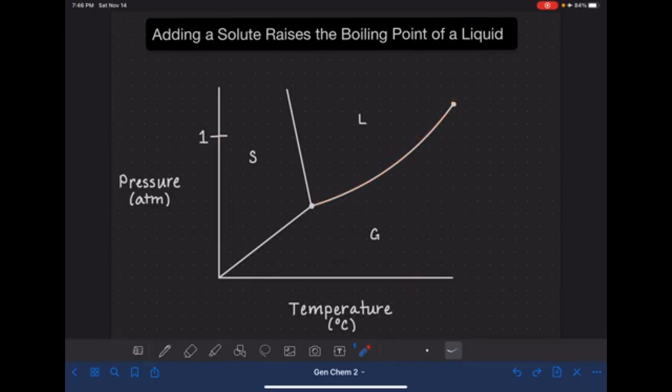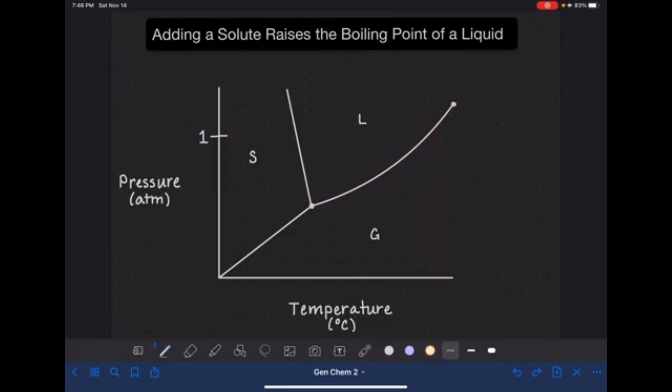For most of us in the United States, normal atmospheric pressure is 1 atm. So if we wanted to know the boiling point of this substance, we would locate 1 atmosphere on the pressure axis. We would find the point along the liquid-gas line that corresponds to that 1 atmosphere pressure, and then we would find the corresponding temperature.